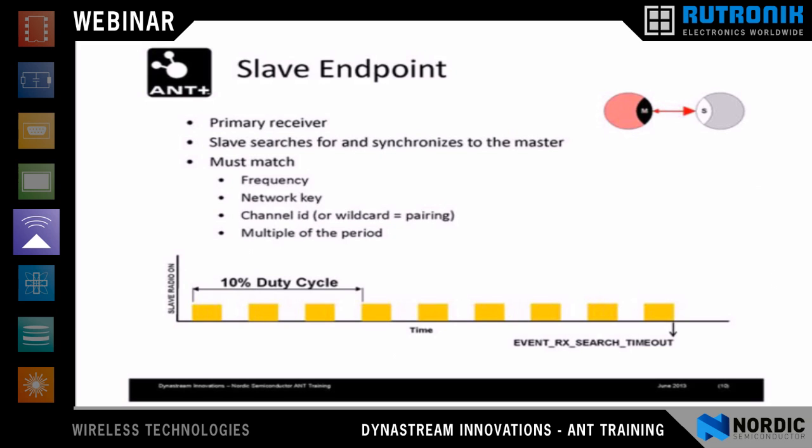So the slave endpoint basically mirrors the transmission that's being sent in frequency. It will use the same network key, and you will look for a channel ID in order to start the data pairing. Then you would either use the channel period that's been determined, which is the number of messages per second, or a multiple of that.